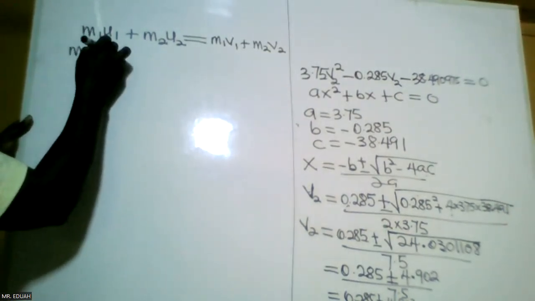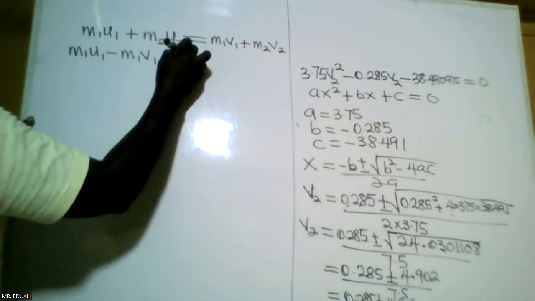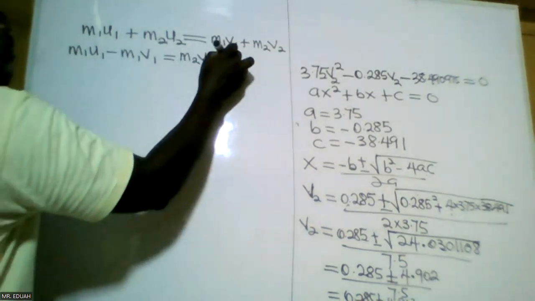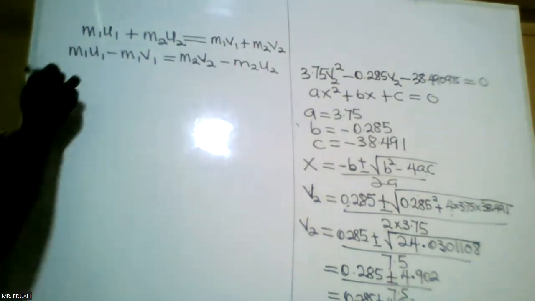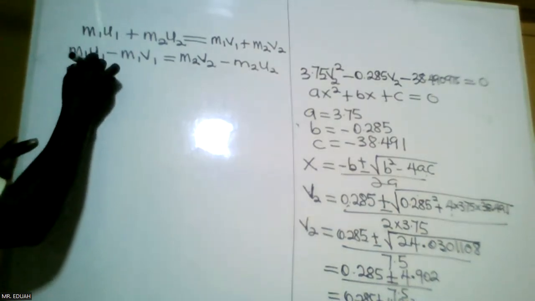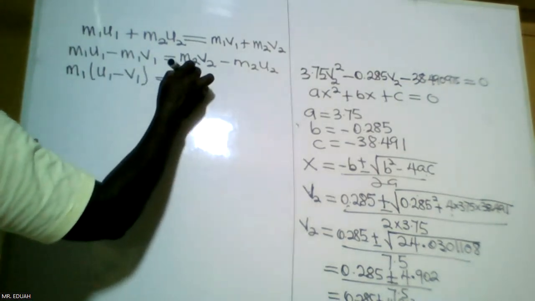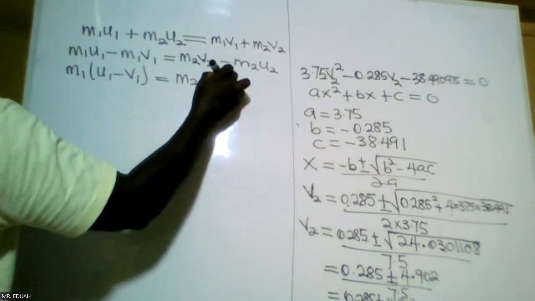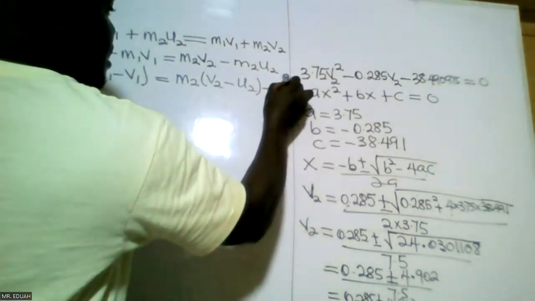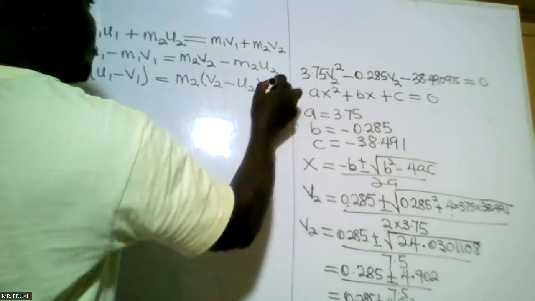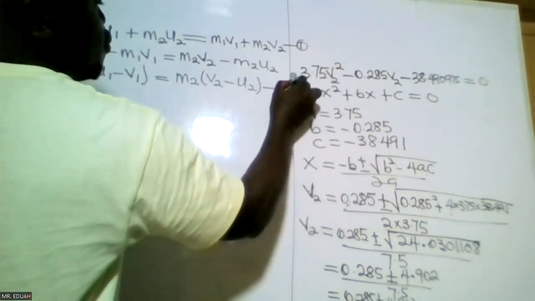M1 U1 minus M1 V1 is equal to M2 V2 minus M2 U2. Factorize out the common term. M1 out, U1 minus V1 in, is equal to M2 out, V2 minus U2 in. That's equation 1, and this is equation 2.